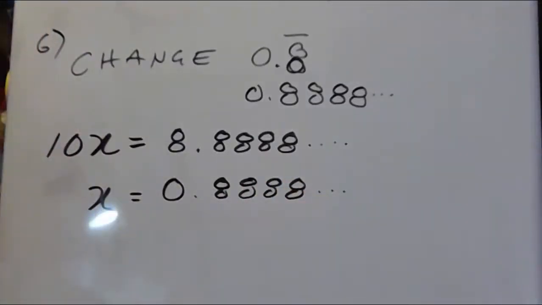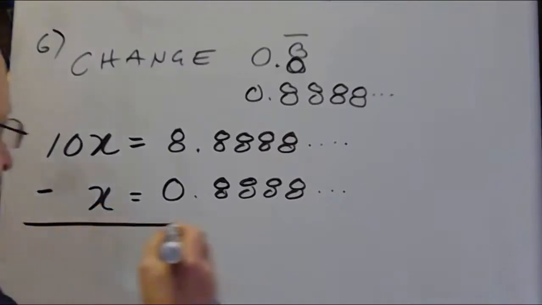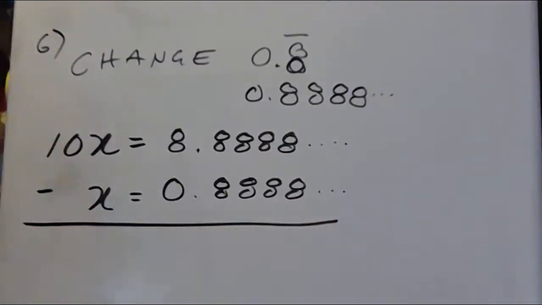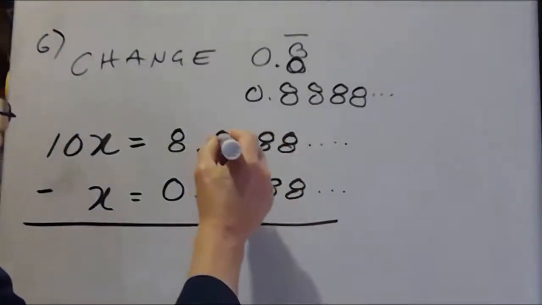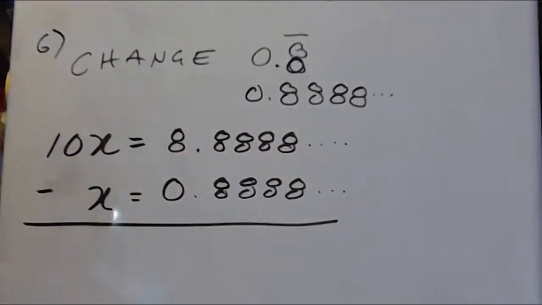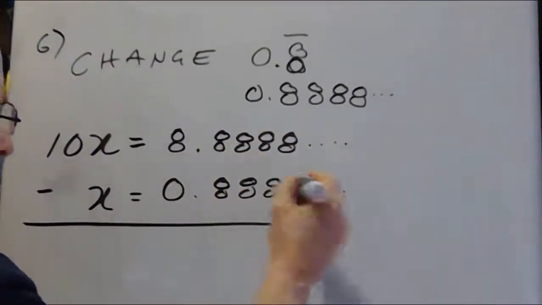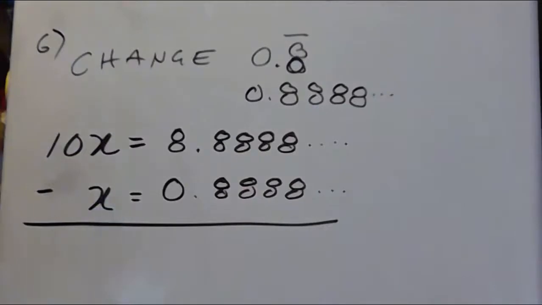And now we're going to subtract the two. The trick here is that by subtracting, we're going to get rid of all that recurring stuff, and we're just left with a nice whole number.